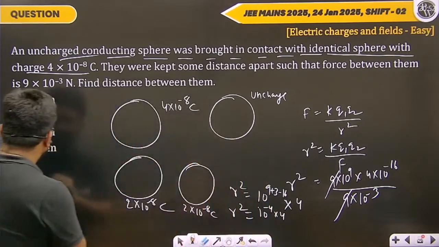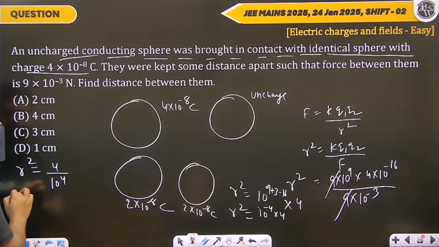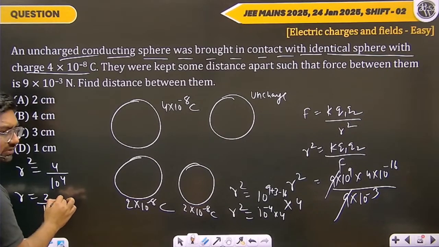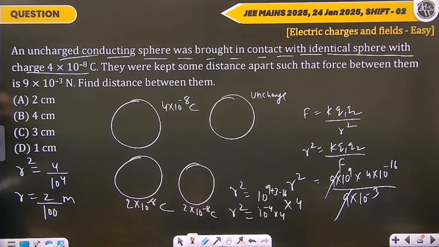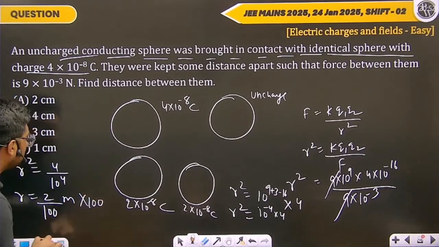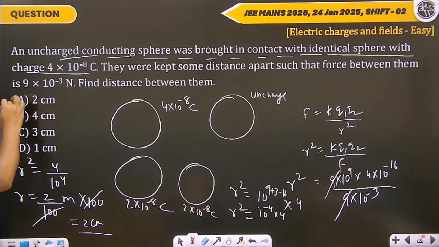So R square is 4 into 10 power minus 4, and R equals 2 upon 100 meter. But the answer is given in centimeter, so we multiply by 100, which becomes 2 centimeter, and the correct option is A.